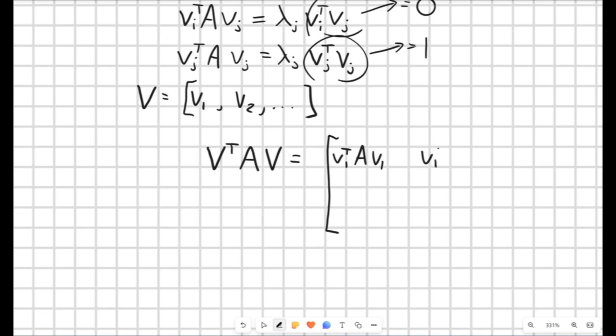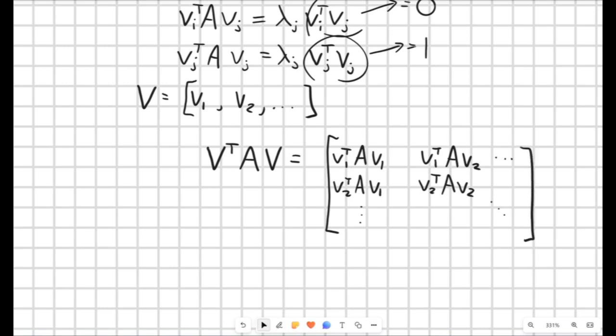Here we have the first eigenvector transposed A, second eigenvector, and so on. Okay, which looks like this.